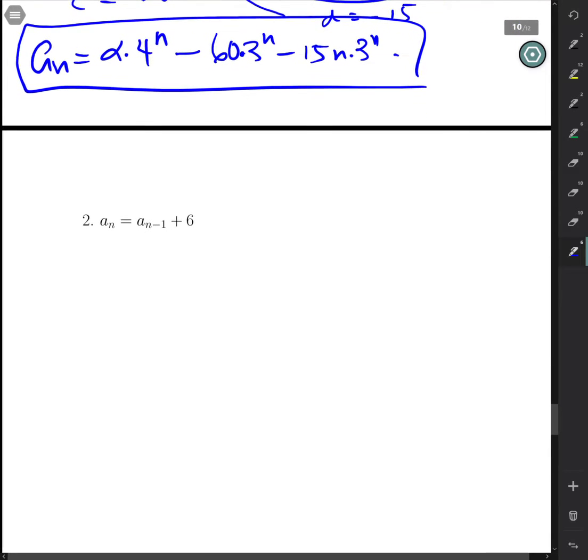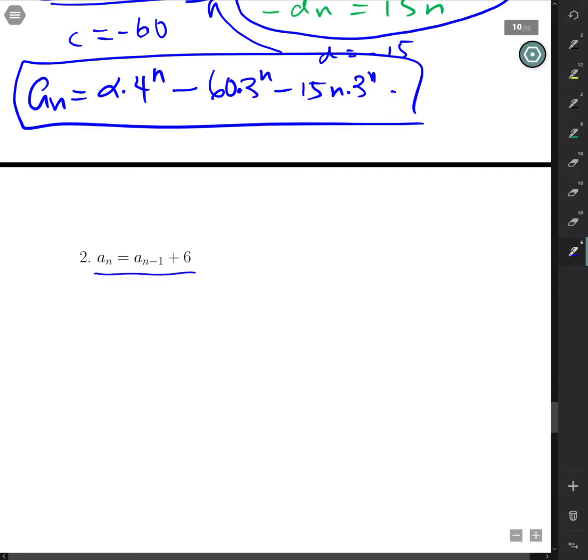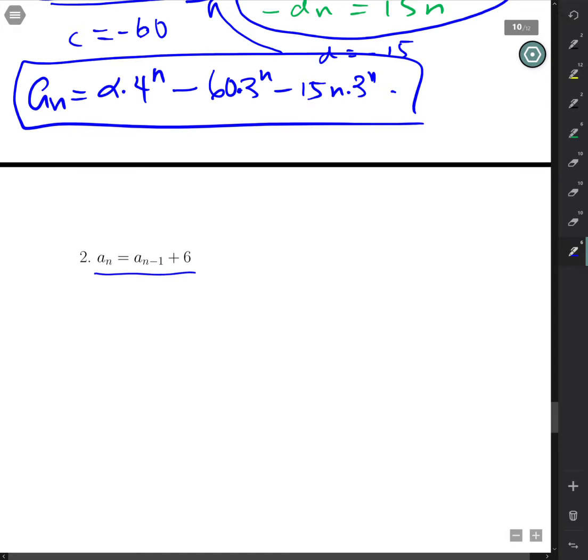This one here, number 2, is a very curious one. Seems pretty simple, but in fact in this case, if you looked at the characteristic equation for the homogeneous part, it's just r is equal to 1. r is a root, and what that says is that if you put in any constant that we might try to use here, a constant d won't work.